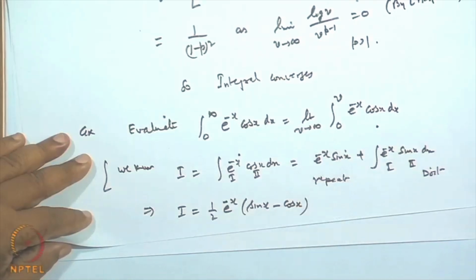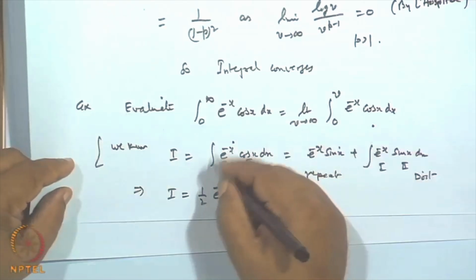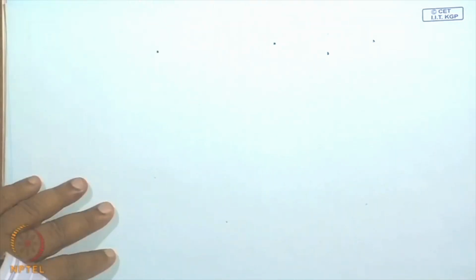Okay. So now 0 to infinity of this means I from 0 to b, is it not? So therefore what we want is the limit.